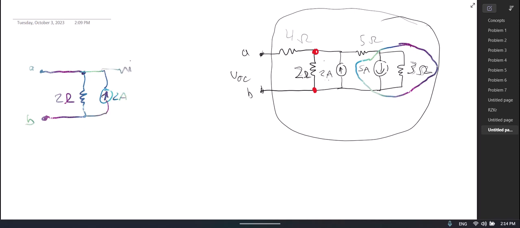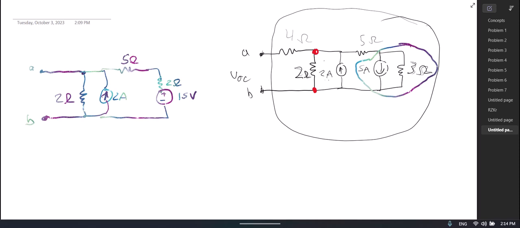And a 5 ohm resistor right there. And these two are going to turn into a resistor and a voltage source in series. So my resistor is still going to be 3 ohms, and my voltage source will have that polarity because the current source was going down, and the voltage will be 15 volts.